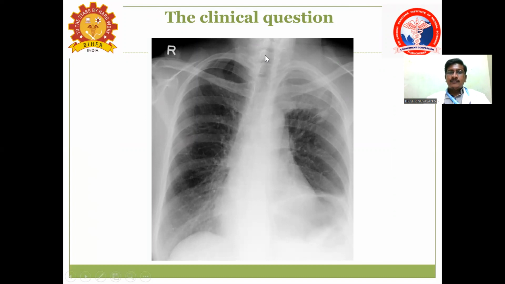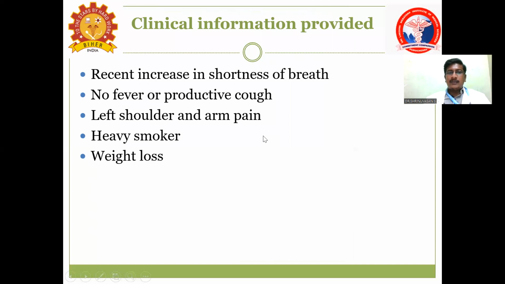So see, the trachea is there, both clavicles are present, and what you are able to see here is a slightly elevated left hemidiaphragm. So the left hemidiaphragm is elevated, and here something is there. There is drooping of the shoulder, and you have seen the space between the rib and the scapula is increased. So what is the abnormality?